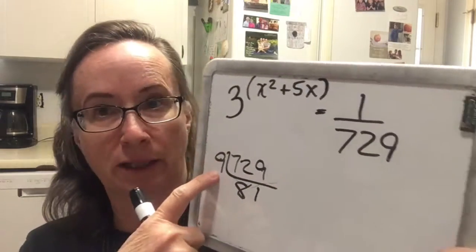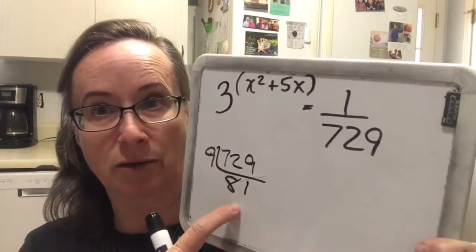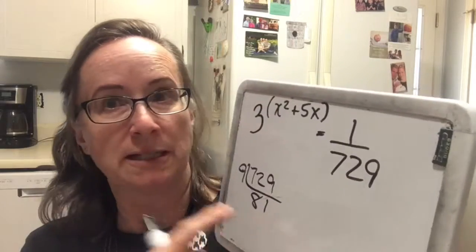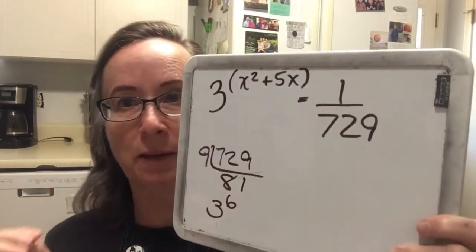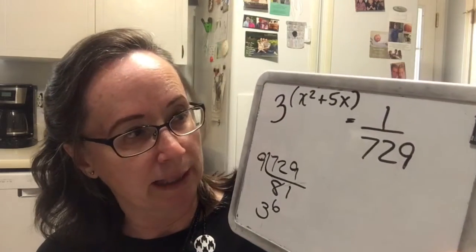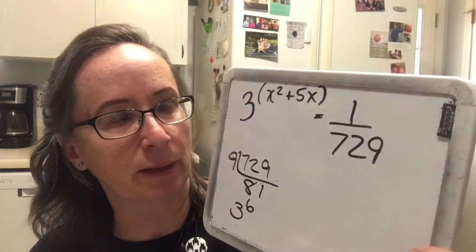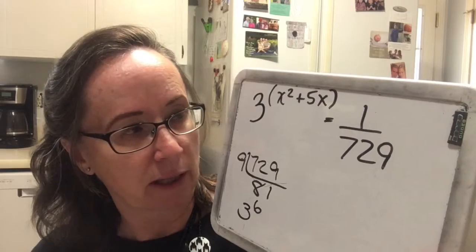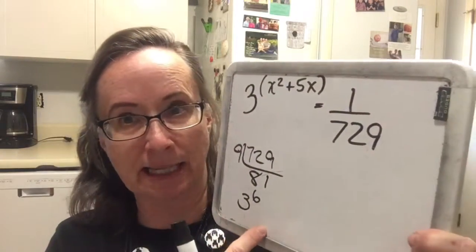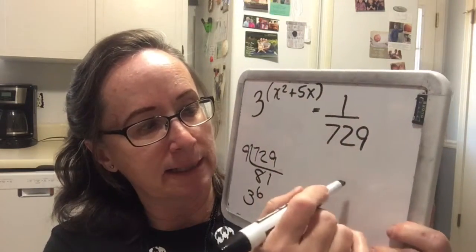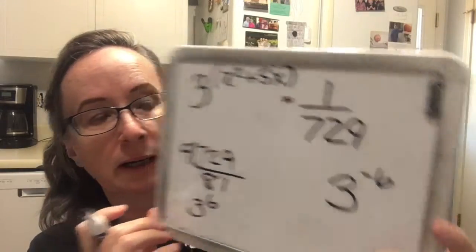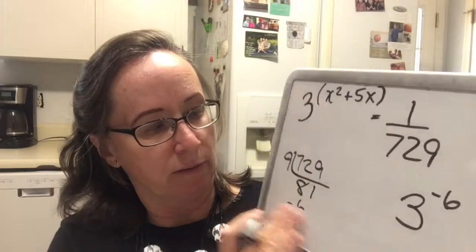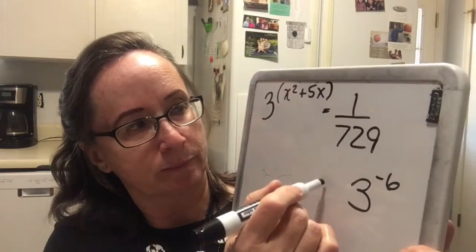So I have 3 to the 2nd power times 3 to the 4th power, which means that altogether that is 3 to the 6th power would give me 729. But the 729 is in the denominator. So instead of 3 to the 6th power, I'm going to say that this is equal to 3 to the negative 6th power.